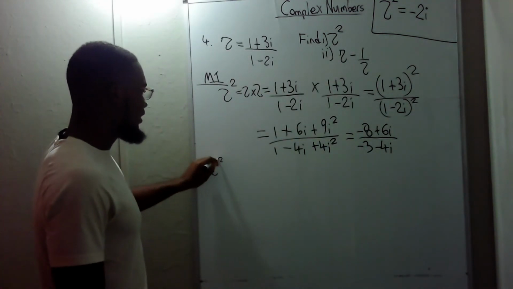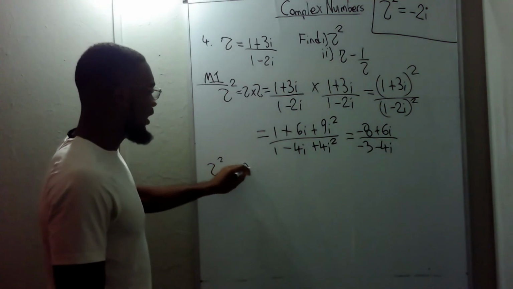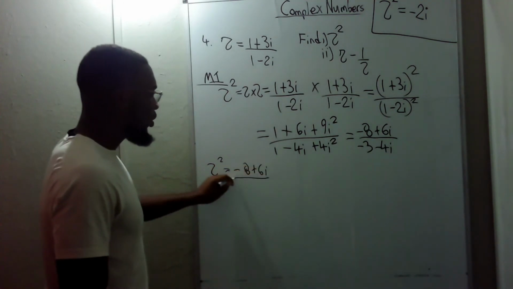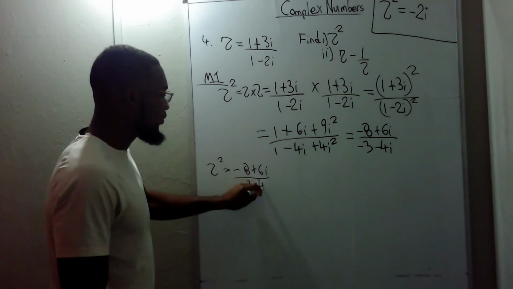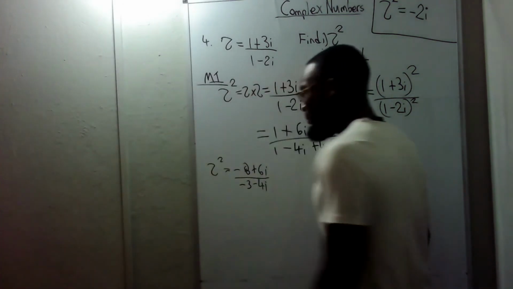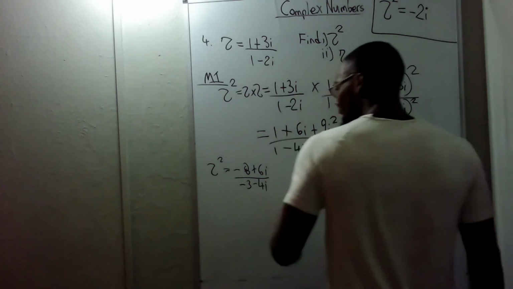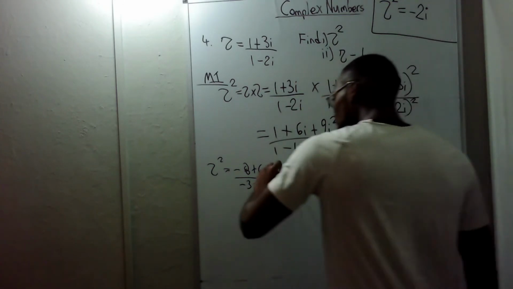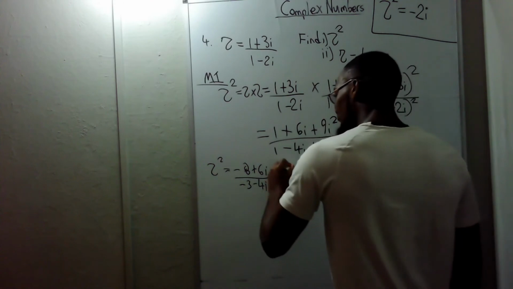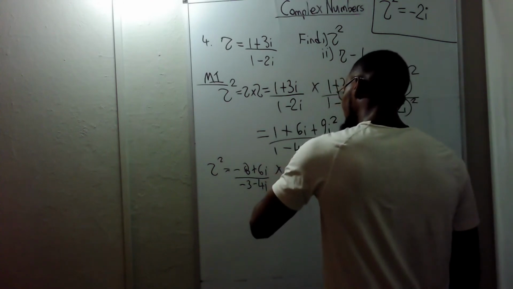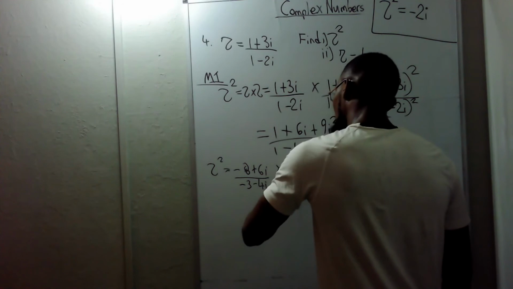So far we're getting z squared is equal to -8 plus 6i over -3 minus 4i. Now we need to multiply by the conjugate, right? Yeah, let's multiply by the conjugate. Multiplying by the conjugate is -3 plus 4i over -3 plus 4i.